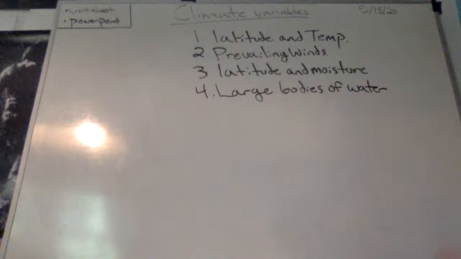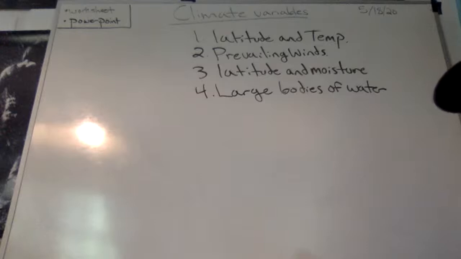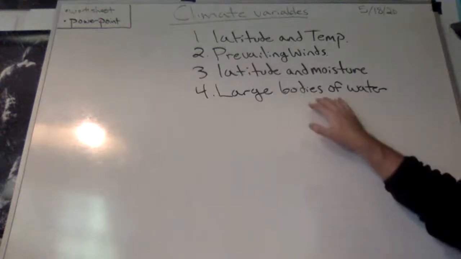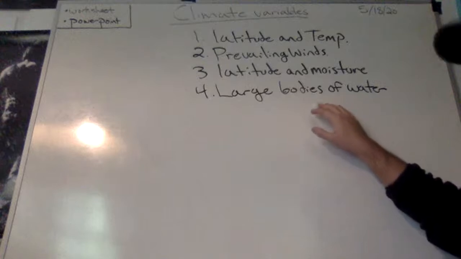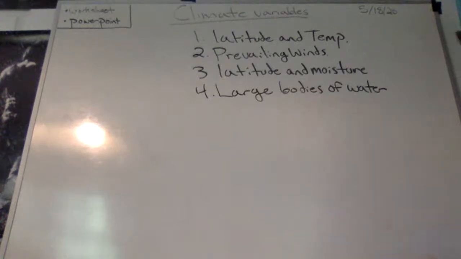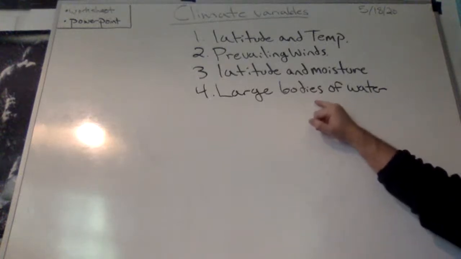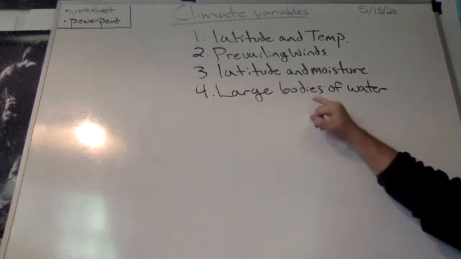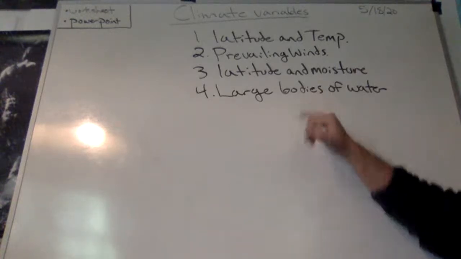Now, oceans, seas, lakes, and bays can modify the climate regions where land masses close to a large body of water will be regulated by a slow rate of heating and cooling. So why is this important for us? Where we're located, we're surrounded by water. So this keeps us relatively cooler during the summertime and relatively warmer during the wintertime.